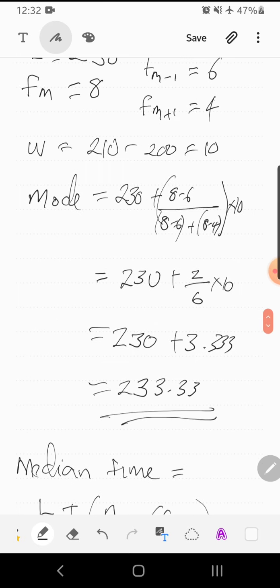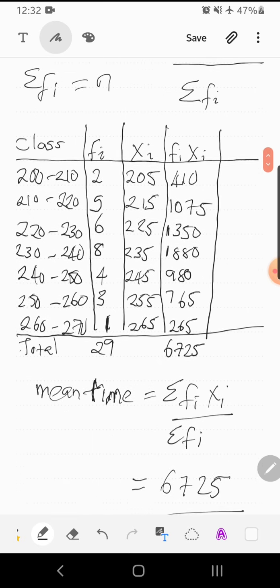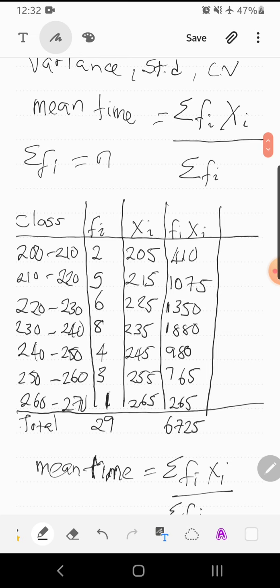So now we go on our table. Then you can see that the classes have been arranged in such a way that we have the smallest to the biggest. So the classes begin from 200 to 210, then the last one is 260 to 270.